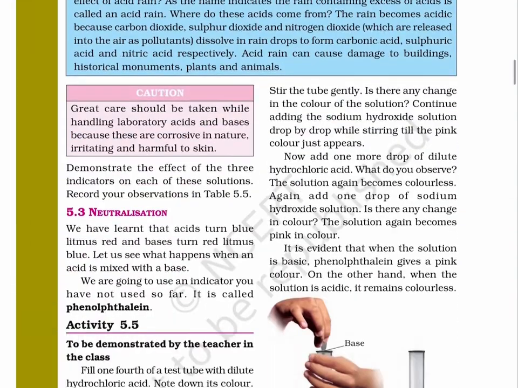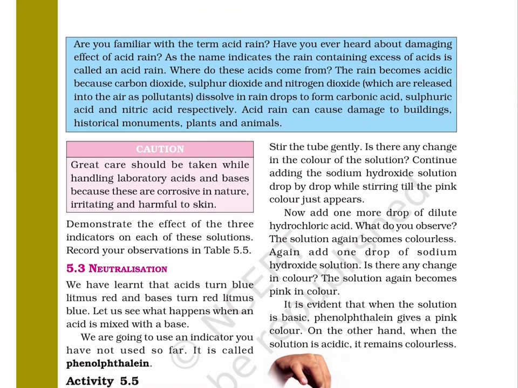Page 54. Are you familiar with the term acid rain? Have you ever heard about the damaging effect of acid rain? As the name indicates, the rain containing excess of acids is called acid rain. Where do these acids come from?